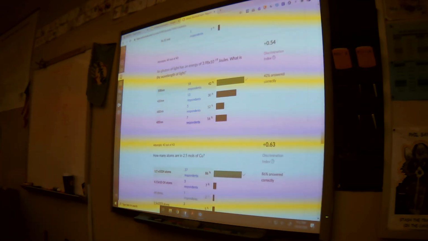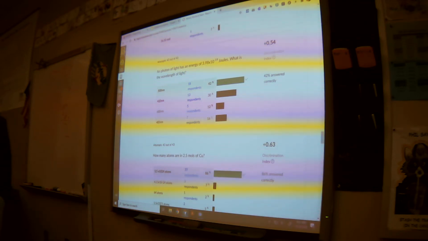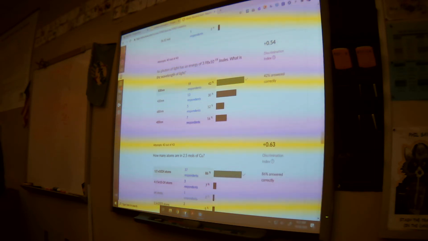All right. So this was the only calculation that you needed to do with frequency, wavelength, energy. All right, but you had to do the entire thing. So a photon of light has an energy of blah, blah, blah joules. What is the wavelength of the light?